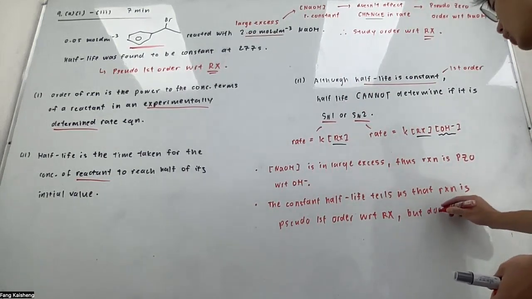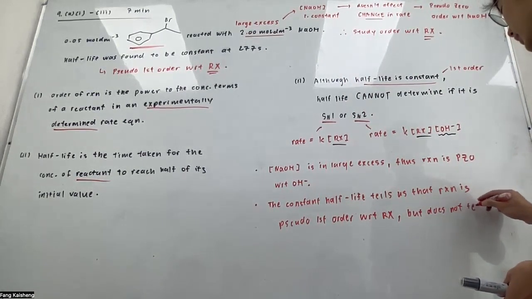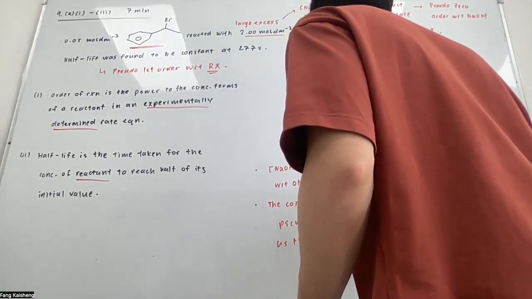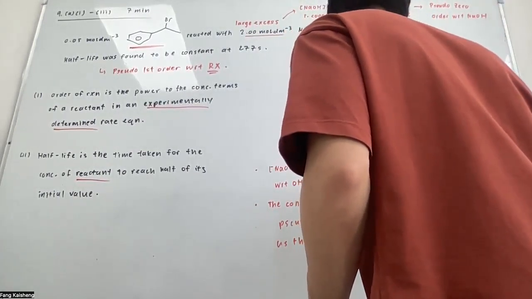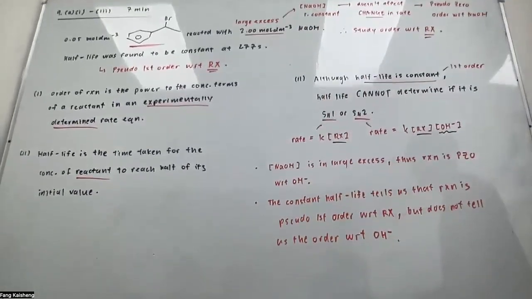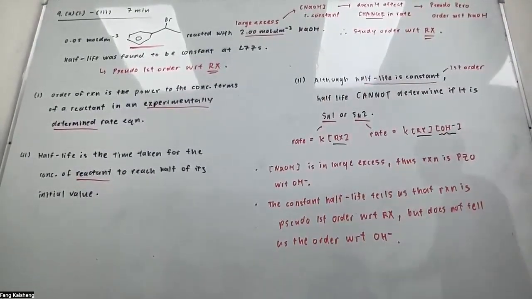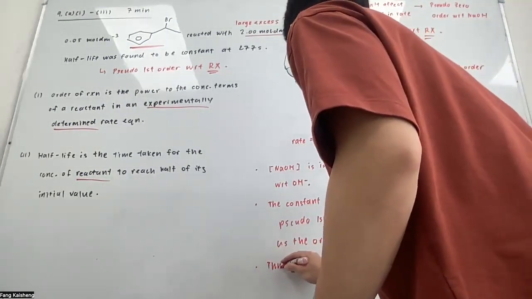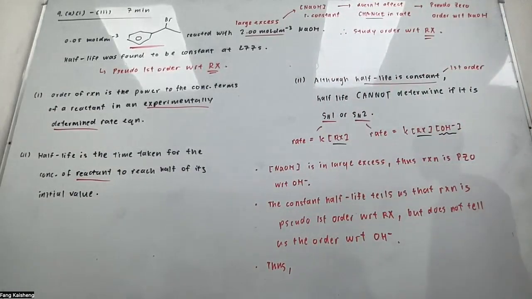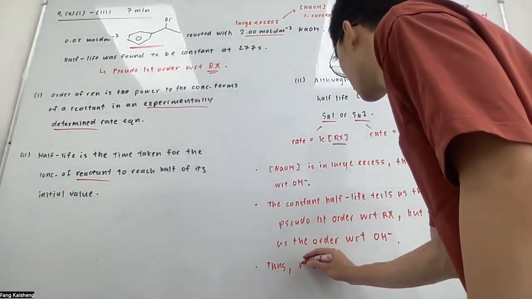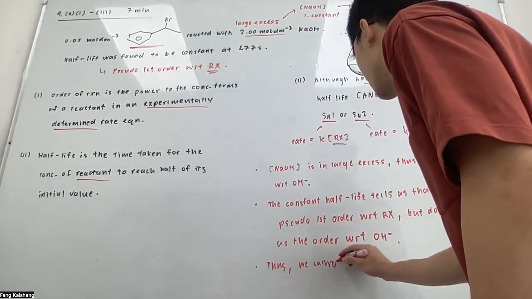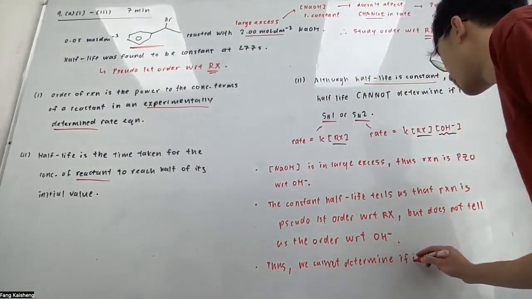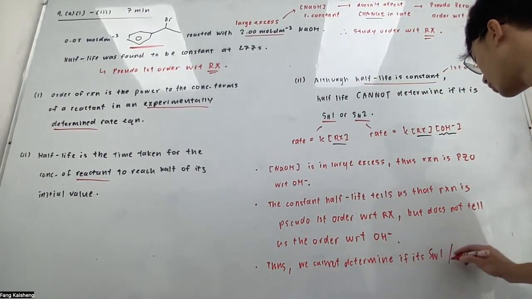Okay, but does not tell us the order with respect to OH minus. And it's because of that that we can't determine whether it's SN1 or SN2. Okay, thus we cannot determine if it's SN1 or SN2.